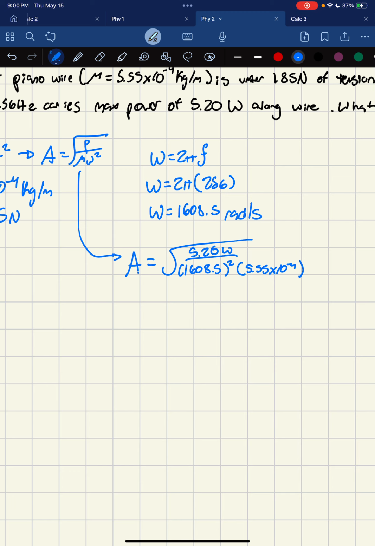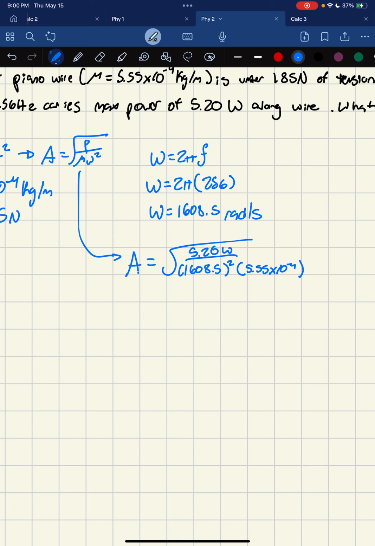So putting this in my calculator, 5.20 divided by 1608.5 squared times 5.55 times 10 to the power of negative 4. I need to put this again in my calculator.